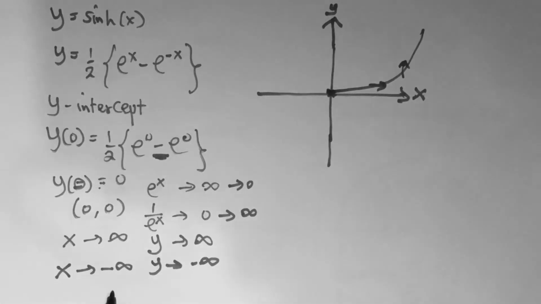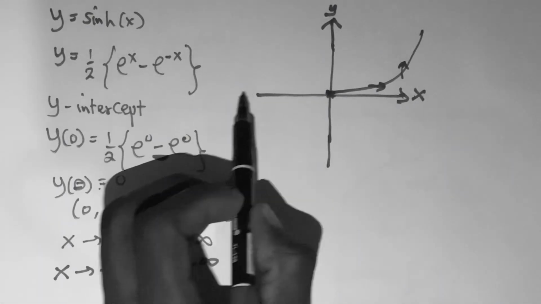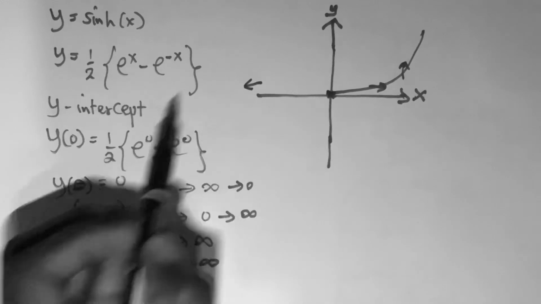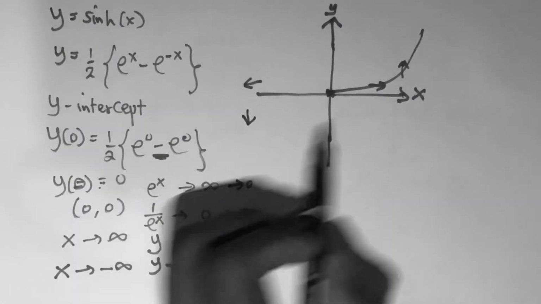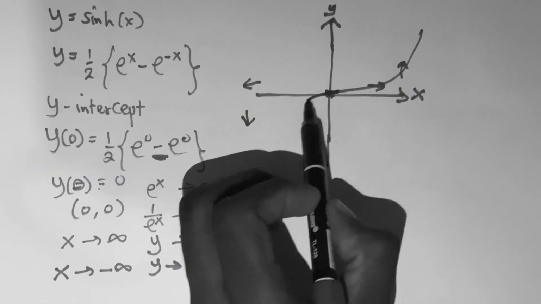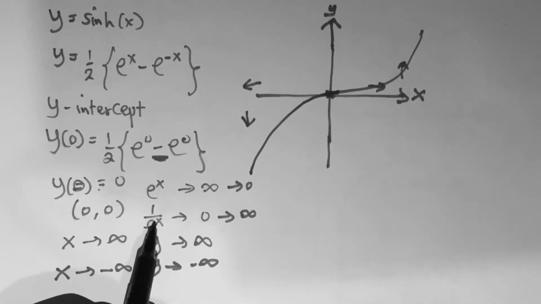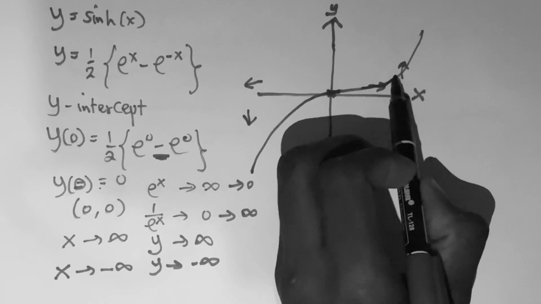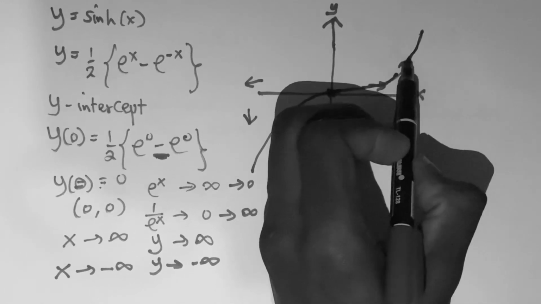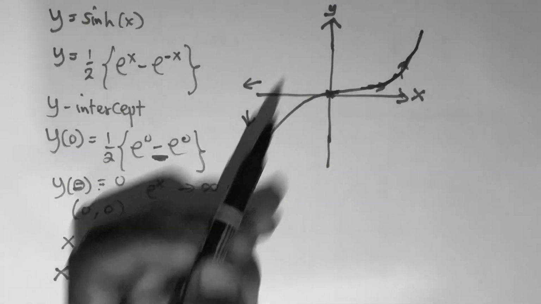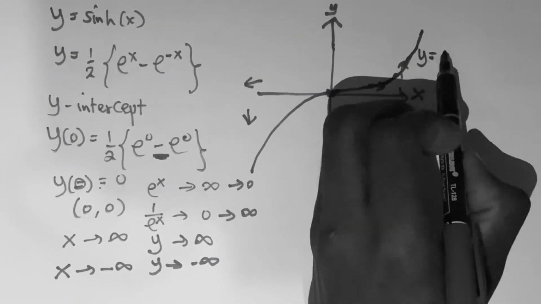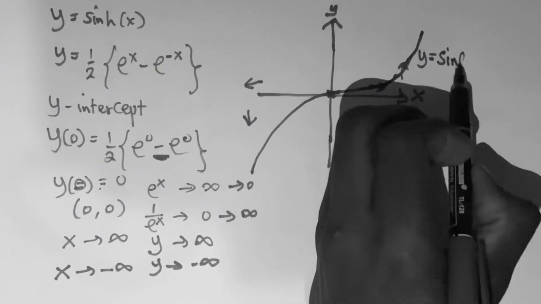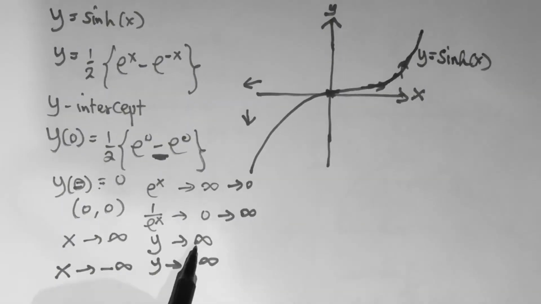And as x approaches negative infinity, which is this place, y approaches negative infinity. So it goes here, and this side of the curve will also look like this. So this is the curve y equals hyperbolic sine of x.